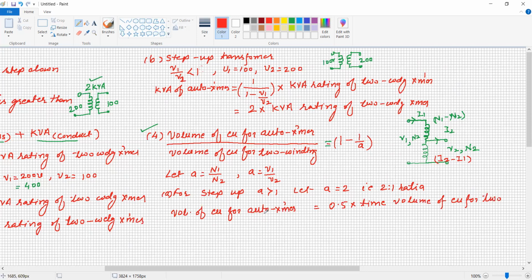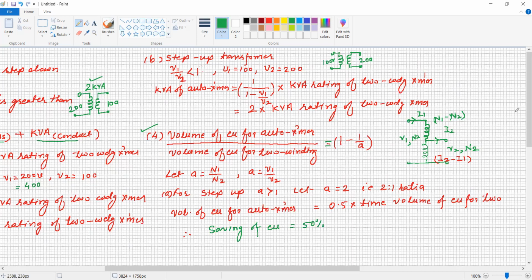Means 50% copper is needed when the voltage ratio is 2:1. It means that what is the saving then? What is the saving? Saving of copper is 0.5, that is 50%. So the saving is 50%.